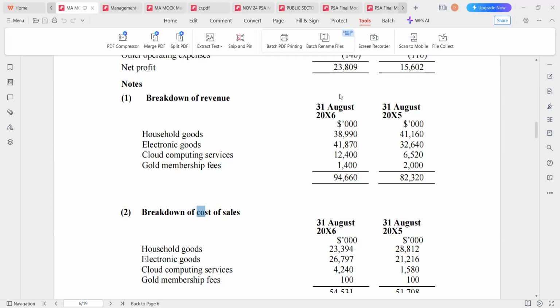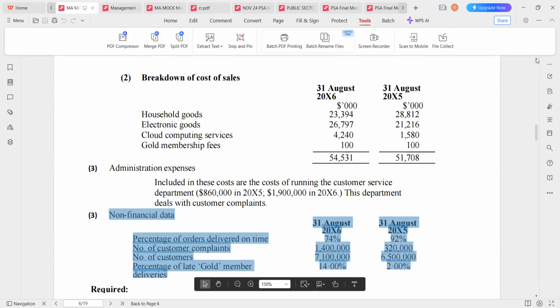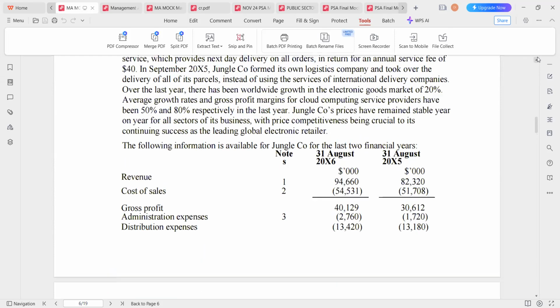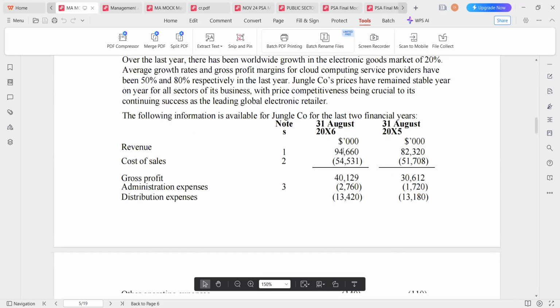First, they say we should calculate financial ratios. They've given us the non-financial data. So this is the non-financial, and the top is financial. How do I calculate the ratios? Look, they gave me revenue for the entire company, current year, previous year. So then I can calculate gross profit margin.